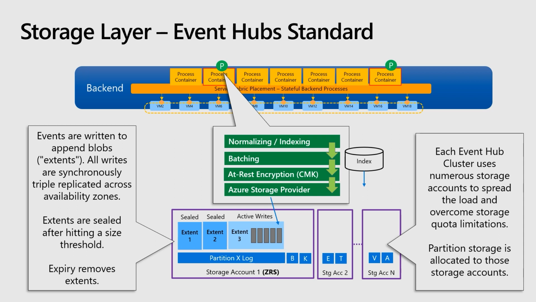The way the writing happens is that we are creating so-called extents, and these extents are append blobs, and we're writing your events into those append blobs while they're open. What we're guaranteeing together with storage is that when we write, that write goes onto disk.